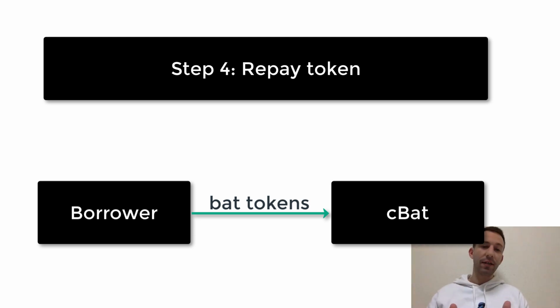When you do decide to repay your loan, you will send your BAT token to the cBAT smart contract. So you will need to not only reimburse the token that you borrowed, but you will also need to add the interest. So the longer the loan, the higher the interest. The interest rate is fixed by the Compound system on the blockchain, and it depends on the supply and demand for the specific market where you borrow your token.